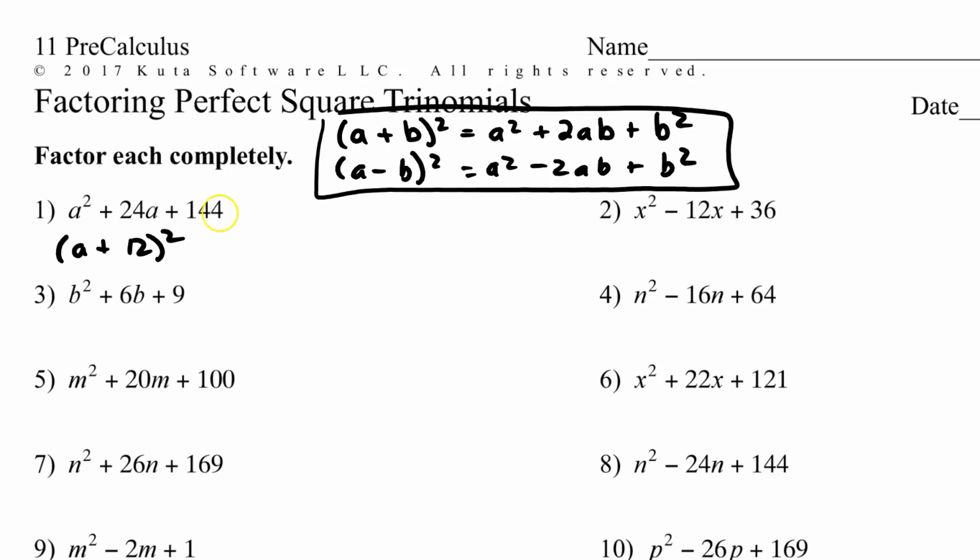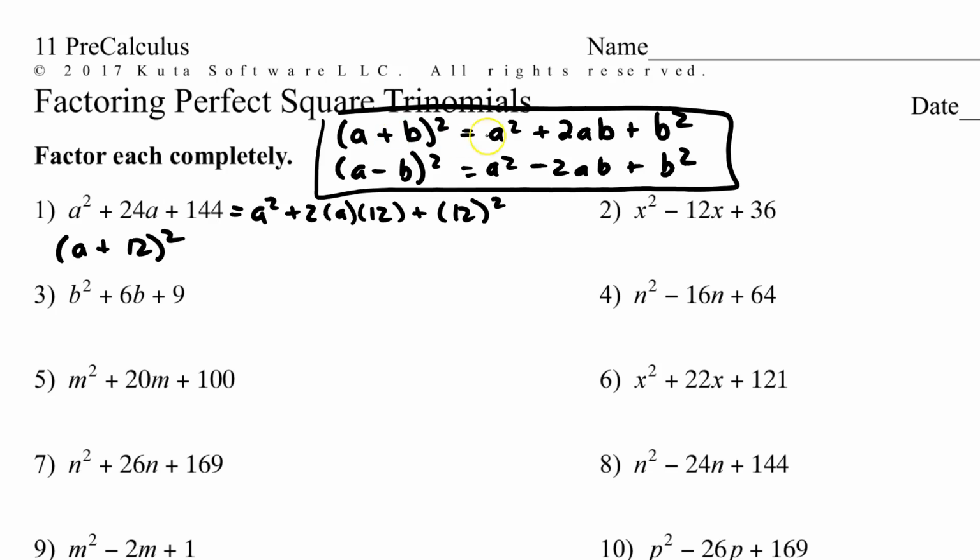If b squared is 144, that means that b is simply going to be 12. So let me write it in this form: a squared plus 2 times a times 12 plus 12 squared. So 144 is 12 squared.